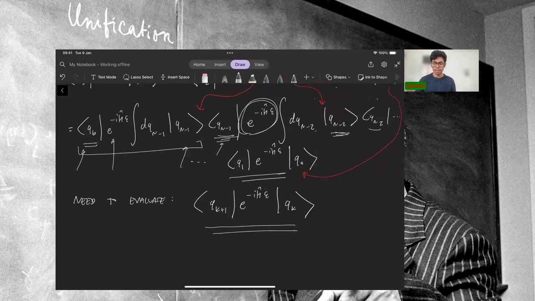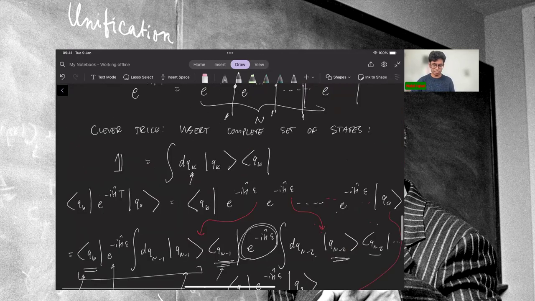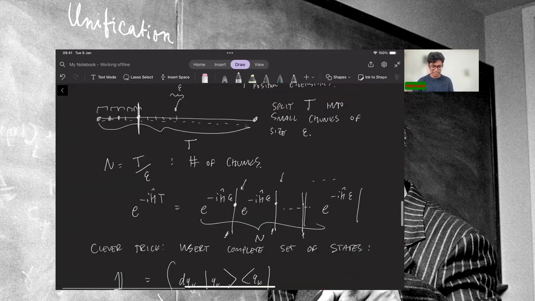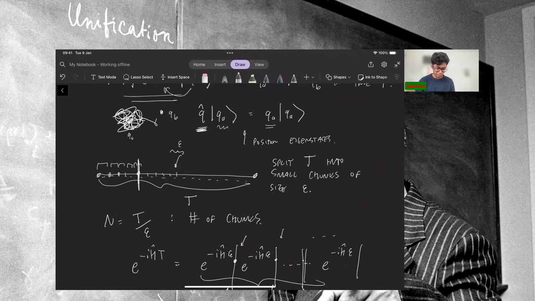Now, let me just tell you physically what we're doing. We've introduced many integrals over q everywhere here: one integral here, one here, one here. Each integral means that we are asking what the particle can do.